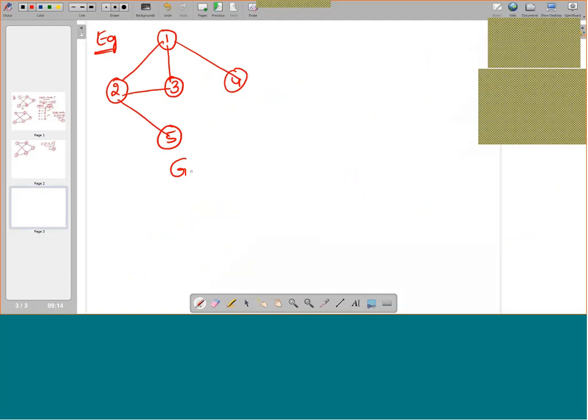For this graph G, find the clique. Clique is nothing but a maximal complete subgraph. Find the clique and write down the size of the clique.